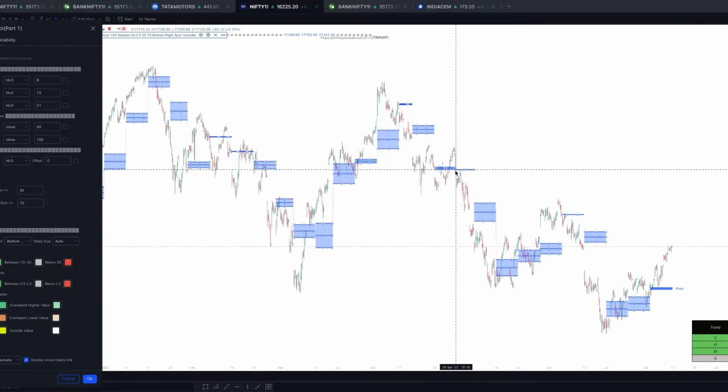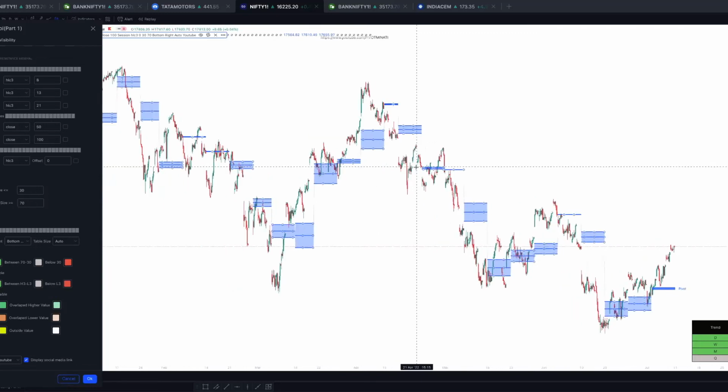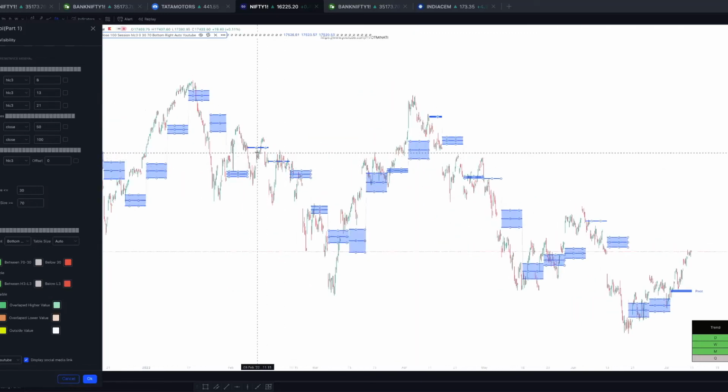Over here you can see it is overlapped lower value. It is not clearly defined, but I don't have an example to show you immediately. Here you can see on this particular day the pivot points are lower than this, so this is your lower value.